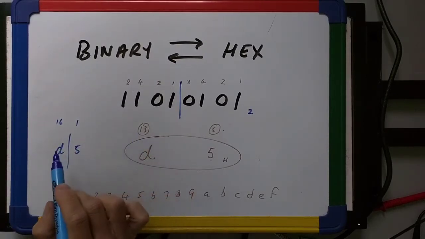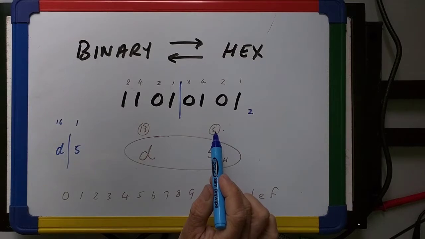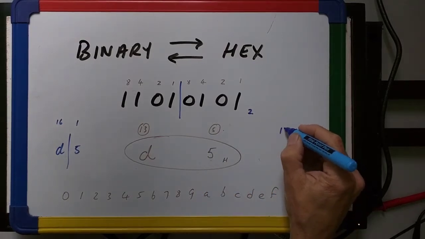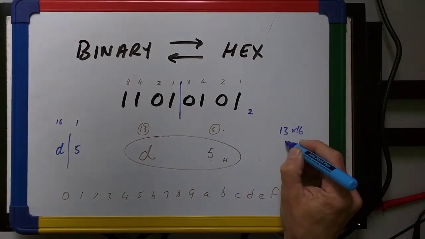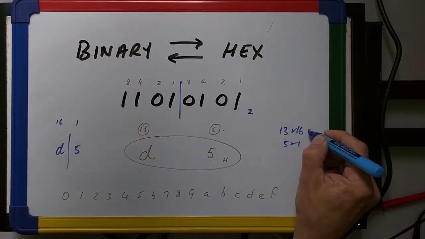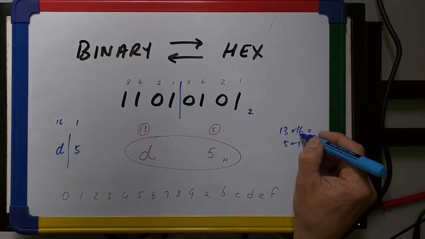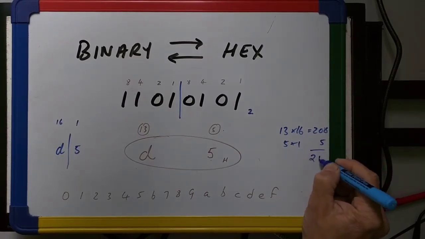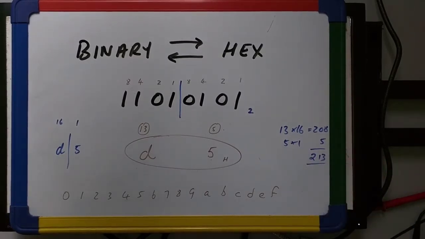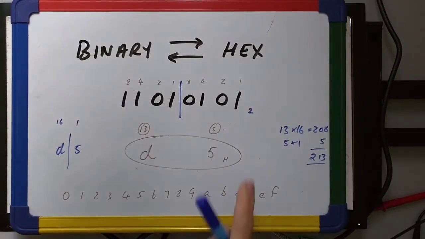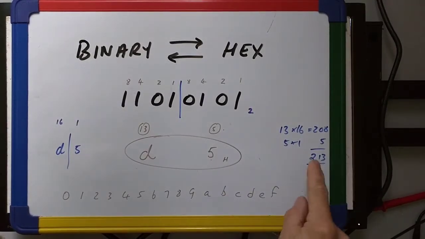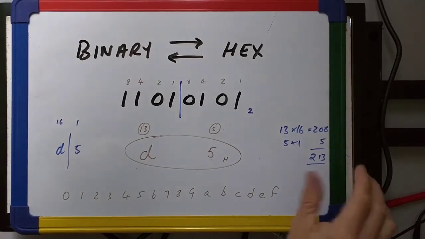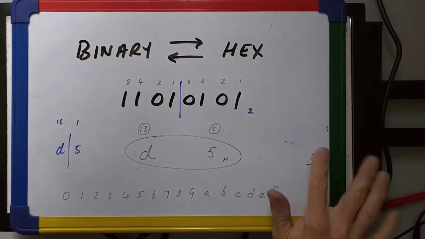So we've got 13 16s and 5 units. 13 times 16 and 5 times 1. 13 16s is going to be 160 and another 48, 208 plus 5 is 213, I think. So although we've converted it into decimal here so that we can get a feel for it, it's 213, we don't need to do that.